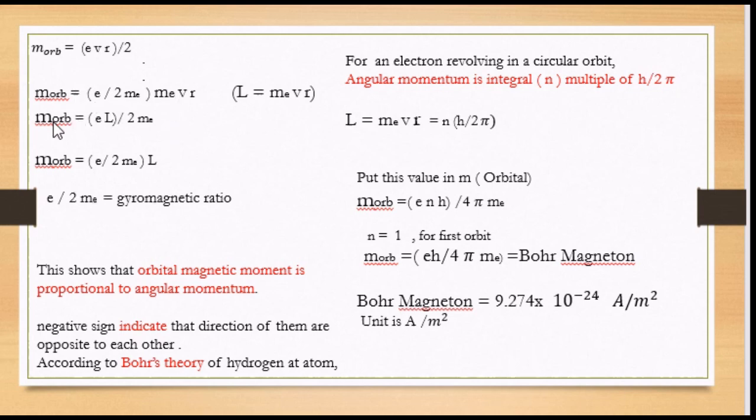Rearranging this, the orbital magnetic moment becomes e upon 2 m_e into L.